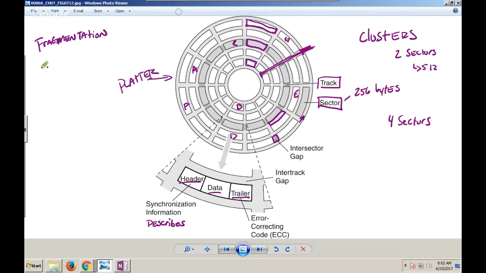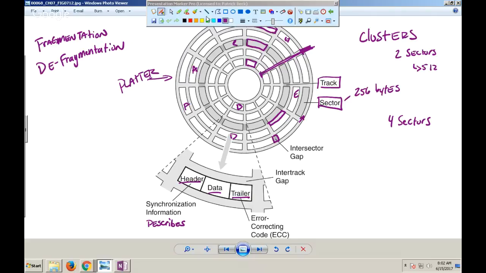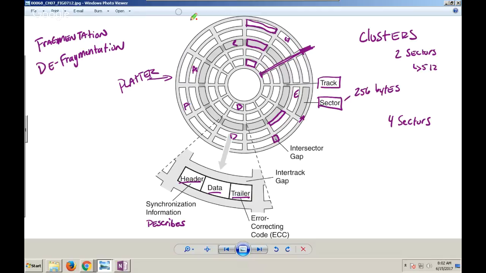The process of defragmentation now is the idea of rearranging the contents on disk. So rather than being scattered like this, we change it so that I might have something like A, B, C, D, E, F, G. Now what's my read time like?